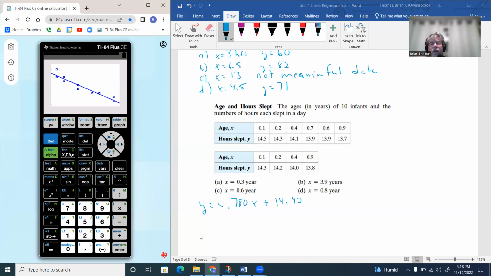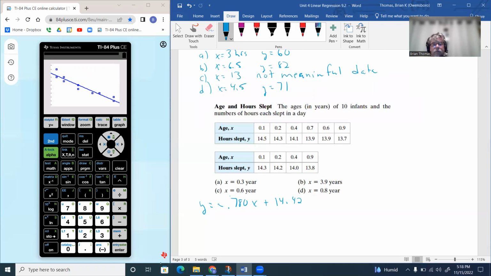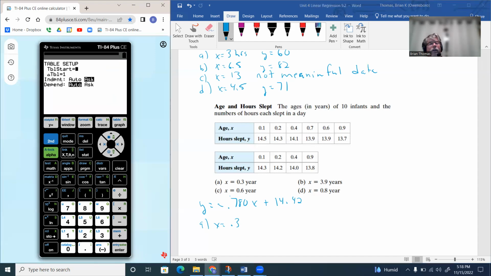So we have that going on. So the next thing is we want to actually do some predicting. A says, if X is equal to 0.3 years, how many hours would that baby sleep? So again, notice how on my table set, I've got ask, that's good to go. So now if I go to the table, hit second, because the table's in blue, and hit the delete button, I can clean those off there.